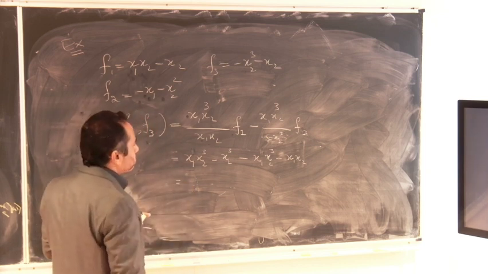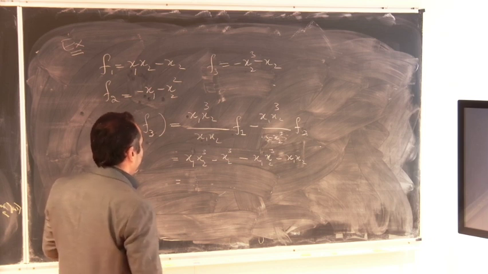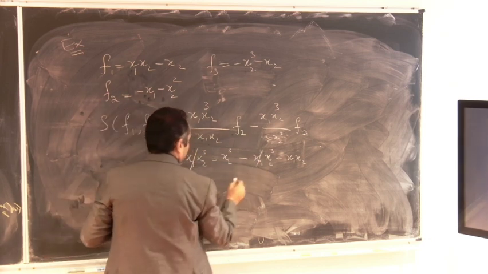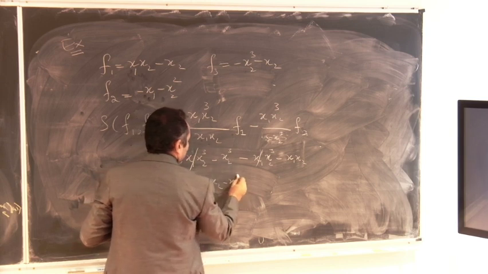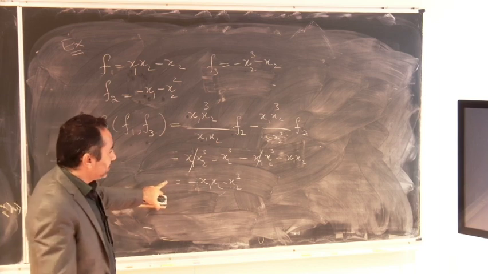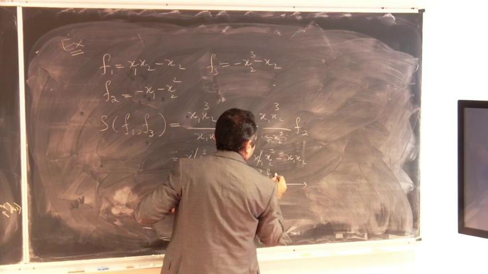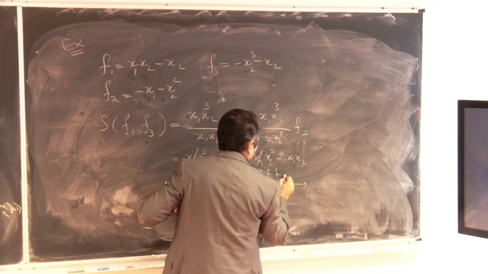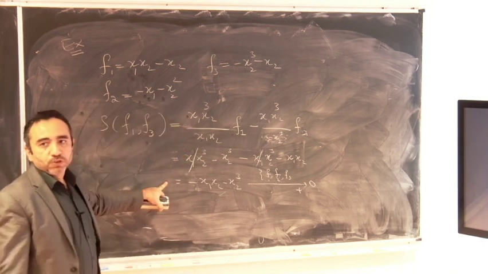So we have the same cancellation, and we are left with minus x1 x2 minus x2 cube. You can check that when we divide it with this set f1, f2, f3, after multiple steps we will get a 0 there.